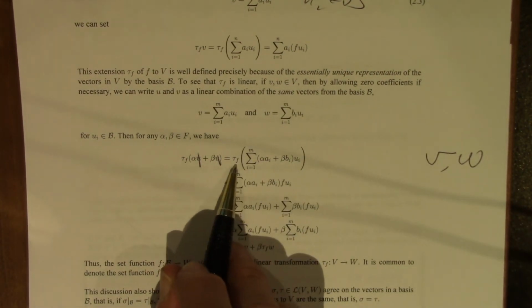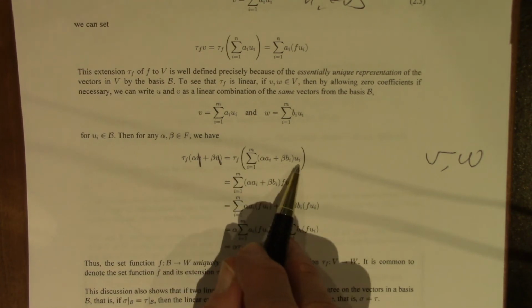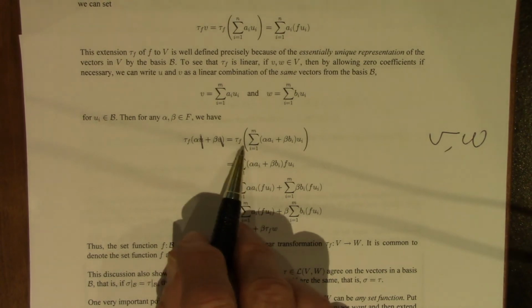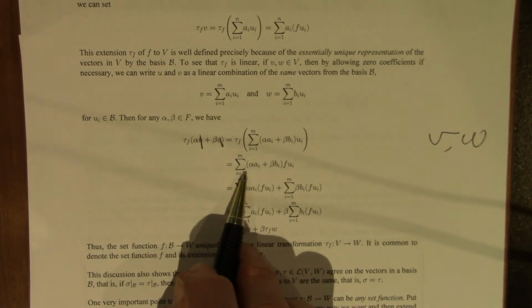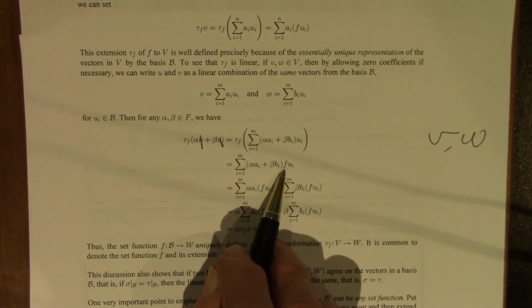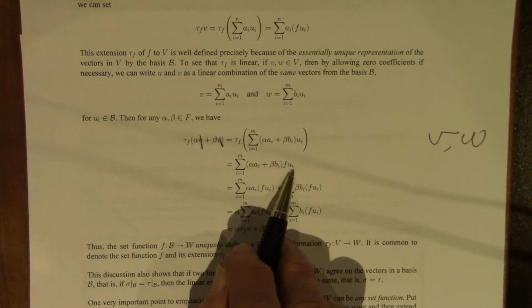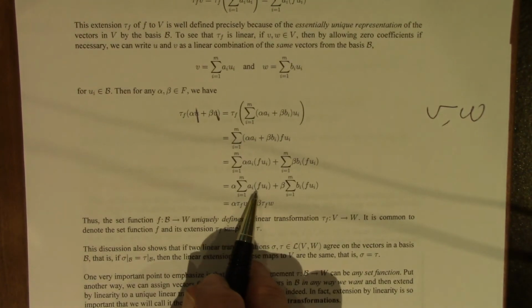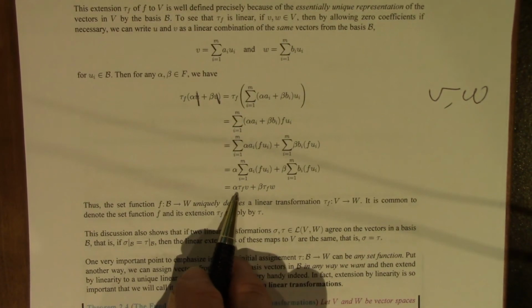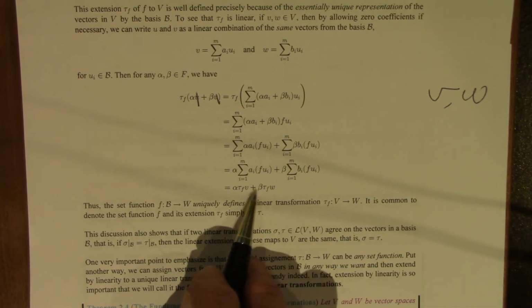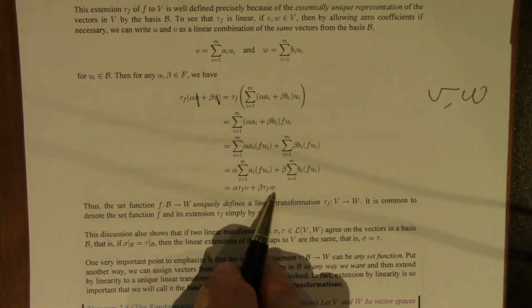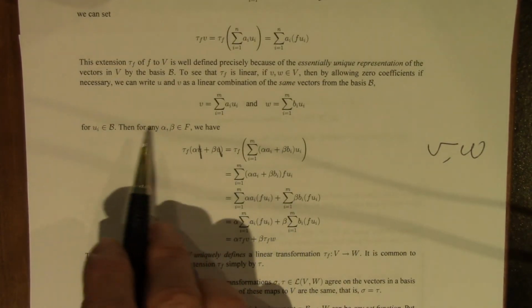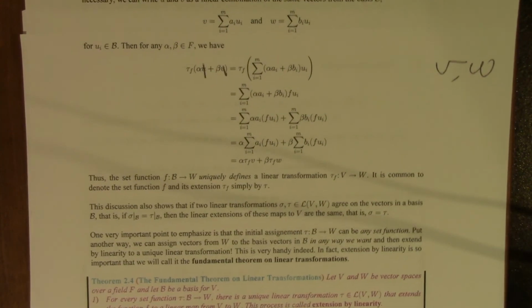So that is tau f applied to this linear combination, and then by definition of tau f, it passes inside but becomes f applied to the basis vectors. That we can split more, and then that's equal to alpha tau f of v plus beta tau f of w. And so that is linearity.